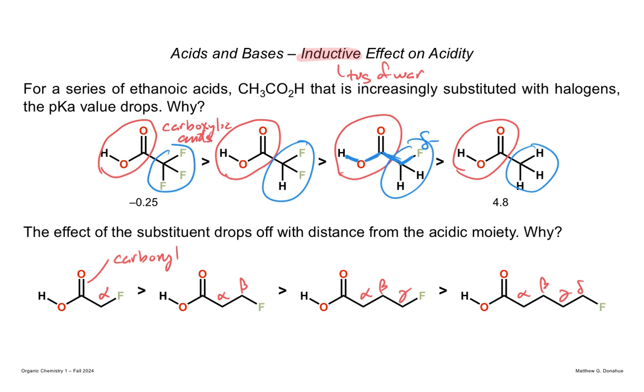They're just kind of hanging on and not doing any work. So as that atom moves further and further away, this acid to the right, that pK is probably 5 because that fluorine isn't affecting it as much.